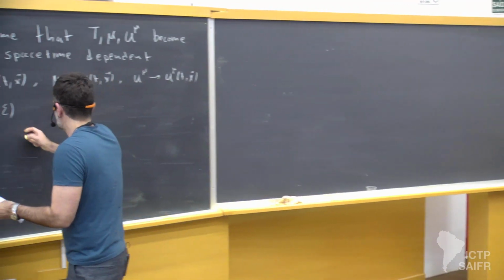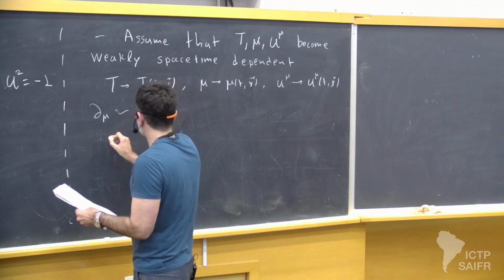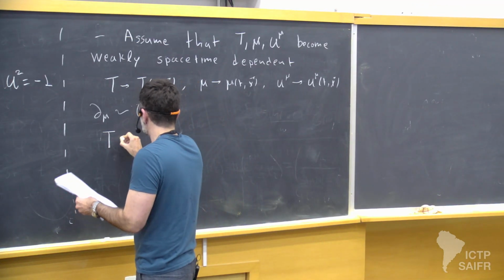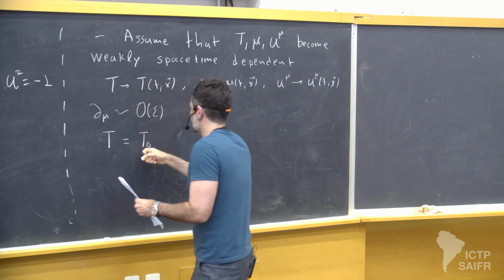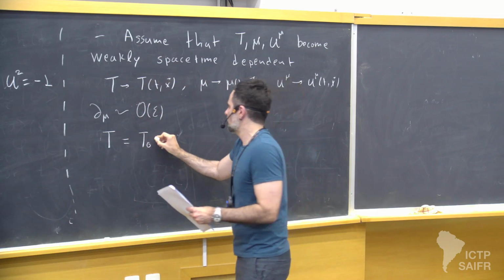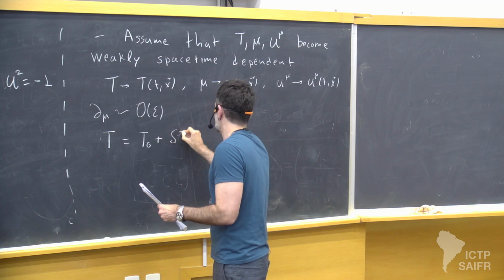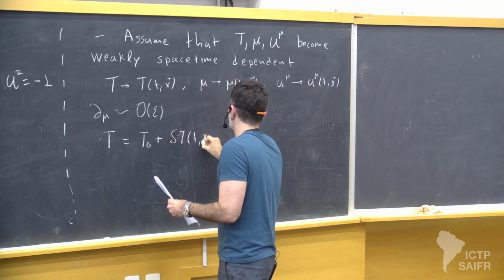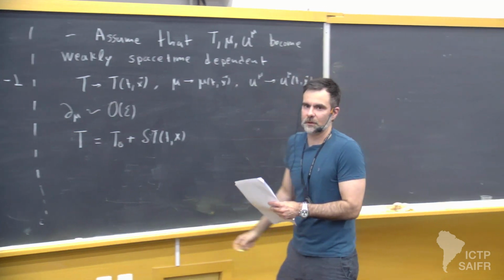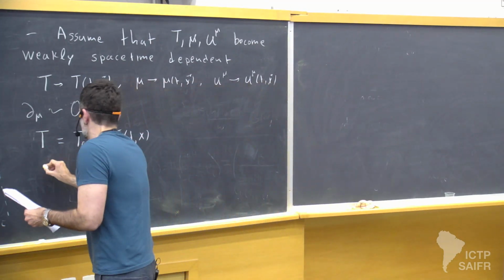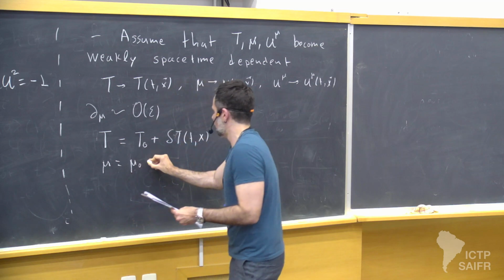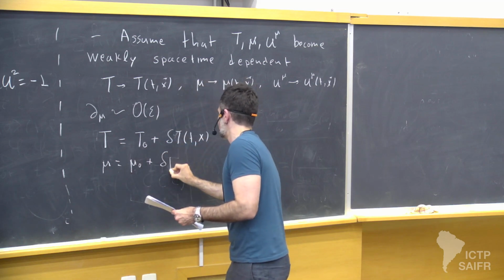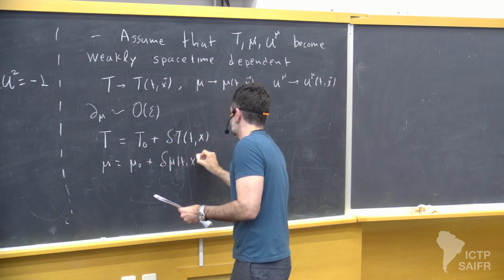And now you might be interested in looking at perturbations like this. So the temperature, you might want to write it as your thermodynamic temperature plus a small fluctuation away from it, a space-time dependent fluctuation. The same for the chemical potential: mu naught is the thermodynamic chemical potential plus a small fluctuation.